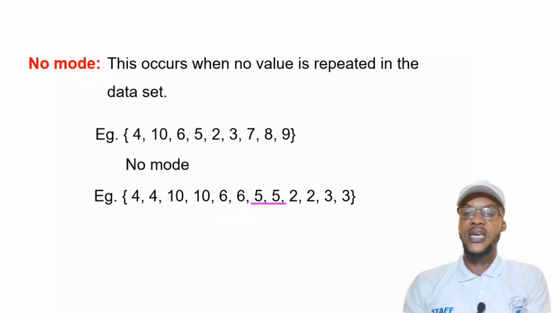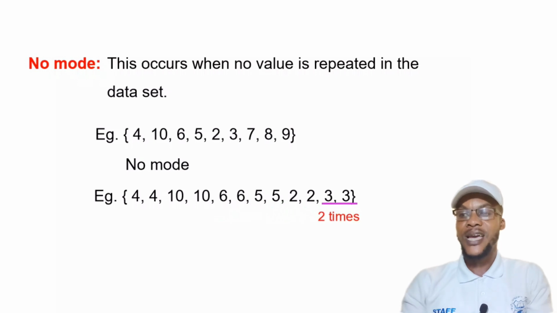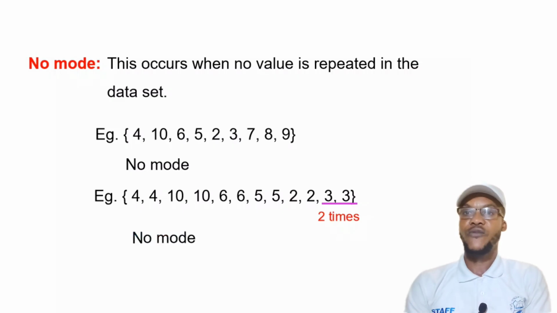The same way you can get 5, which appears the same, and 2, which also appears the same. Then 3 also appears. They are all appearing 2 times. Since they all occur the same number of times, we can also conclude that there is no mode. All right, so very, very simple.